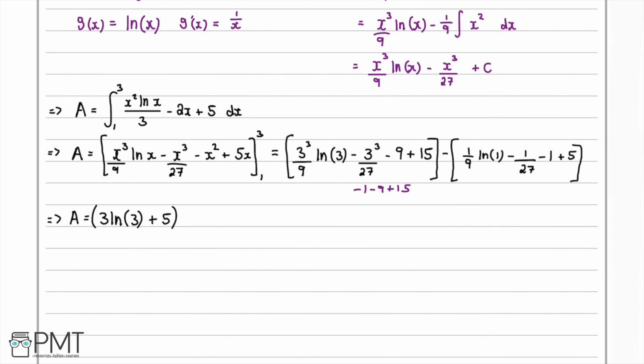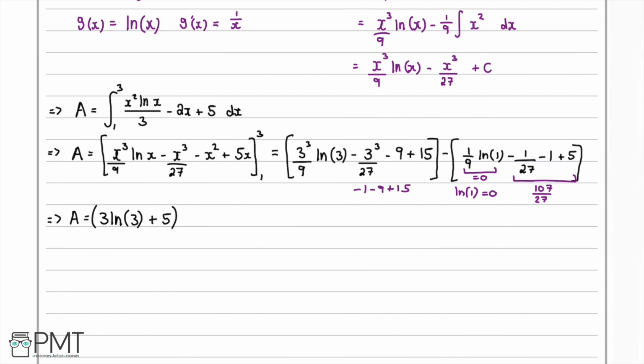So we know that ln of 1 is going to be equal to 0. So therefore, this term here is equal to 0. And then if we take these three terms here and add them together, that comes out as 107 divided by 27.